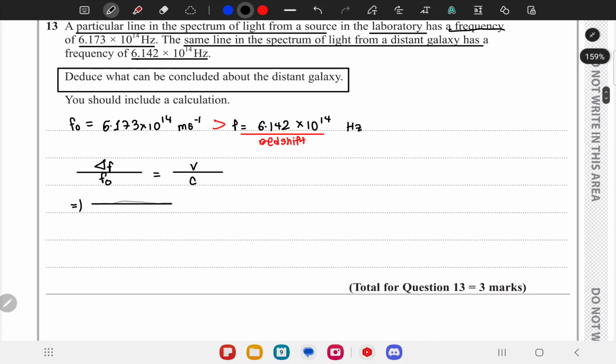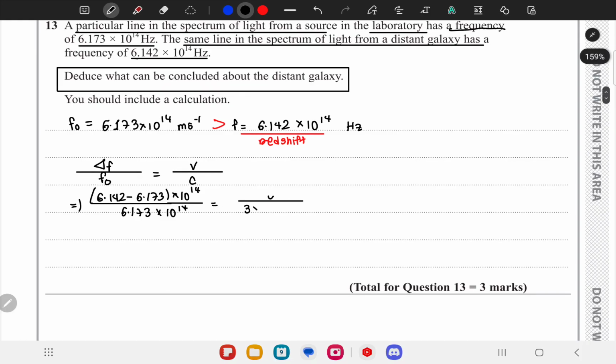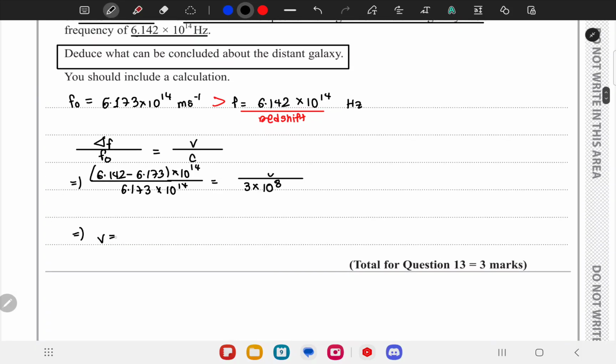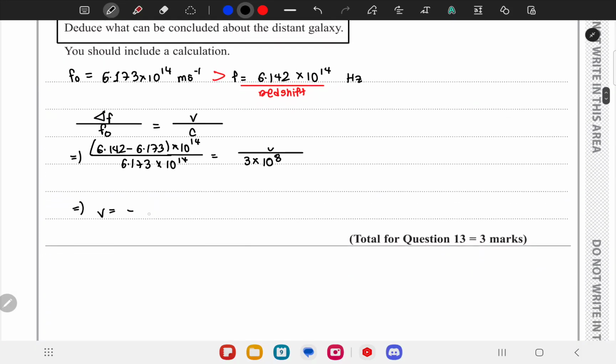This will be 6.142 minus 6.173 into 10 to the power 14, divided by 6.173 into 10 to the power 14, which would be equal to v divided by 3 into 10 to the power 8. From this we'll get v equal to minus 1.51 into 10 to the power 6 meter per second.